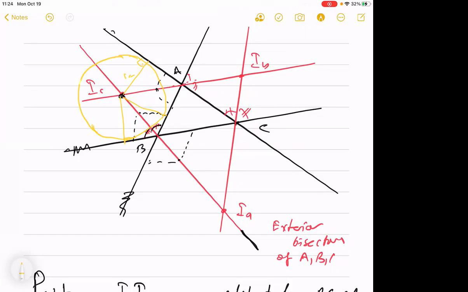And we also have similarly for IA, its distance from these three black lines is the same, so the circle with center IA and radius RA is something like this, which I could not draw well, and similarly on this side.